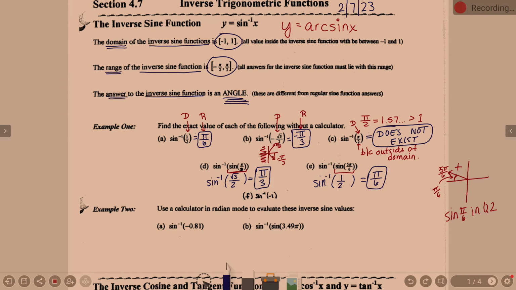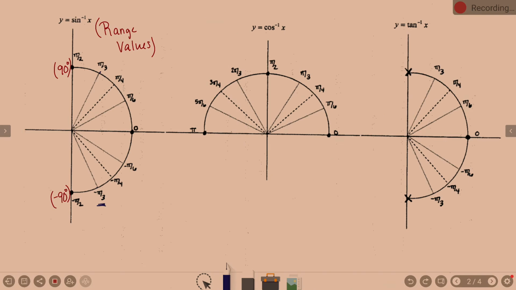That 5 pi over 6 answers the question of if you have a function and its inverse function, are they always going to cancel each other out and be exactly the same? No, because pi over 3, that was in quadrant 1. That was doable. 5 pi over 6 is over here, guys. That right there is my clue that my final answer cannot be 5 pi over 6 if I'm doing sine inverse, because that's not in the appropriate range.